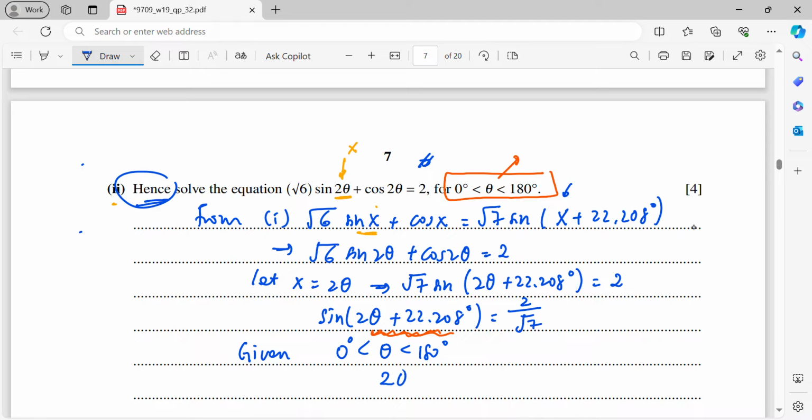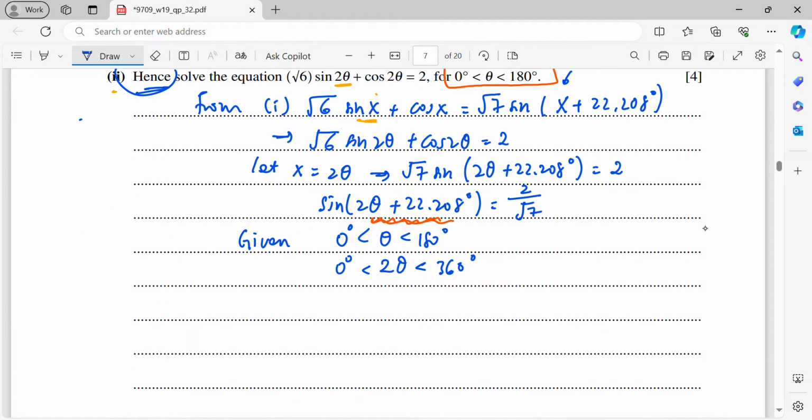Therefore, 2 theta, you just times 2, it will be between 0 and 360 degrees, and then followed by adding 22.208 degrees to the whole inequality. So it will be 2 theta plus 22.208 degrees. For the lower limit, 0 plus 22.208 degrees, then 360 plus 22.208, it will be 382.208 degrees.